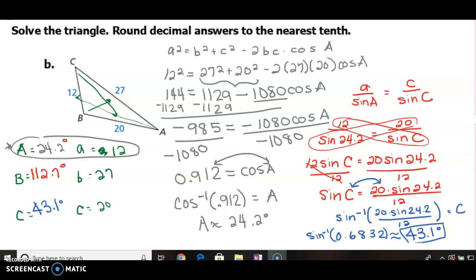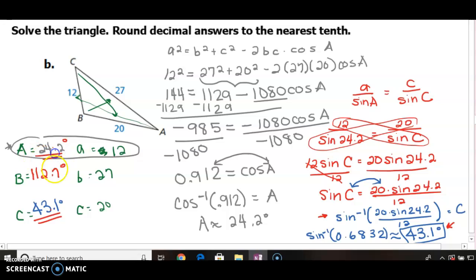And so when I do that, I just plug stuff in, I cross multiply, and I end up down here using inverse sine to find angle C. And the angle measure of C is 43.1 degrees. Okay, now after I get the 43.1 degrees, I already have the 24.2, and I know all 3 of these have to add up to 180, so angle B is fairly simple to find.